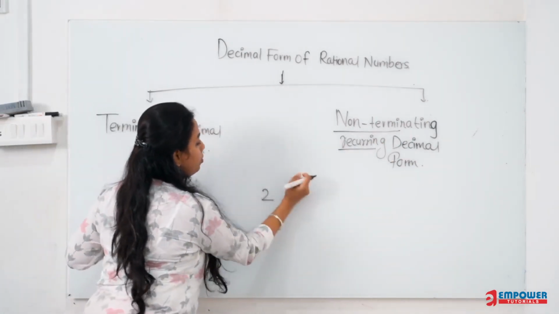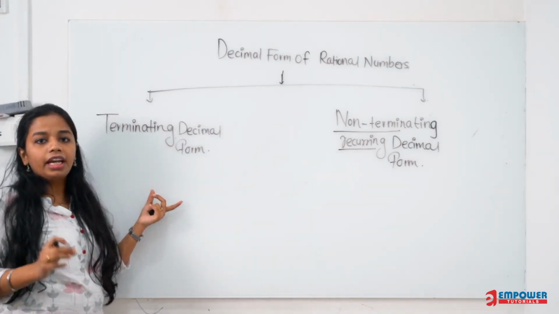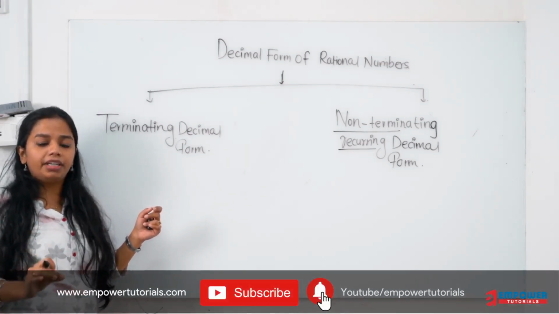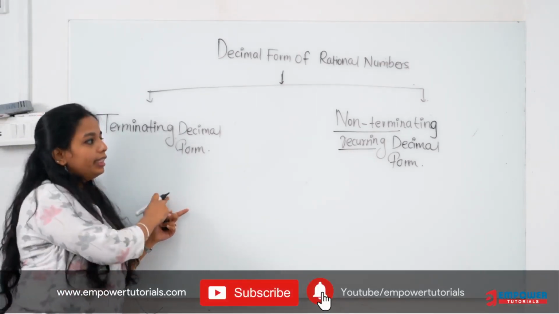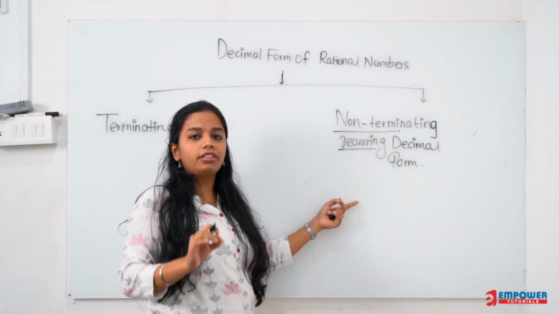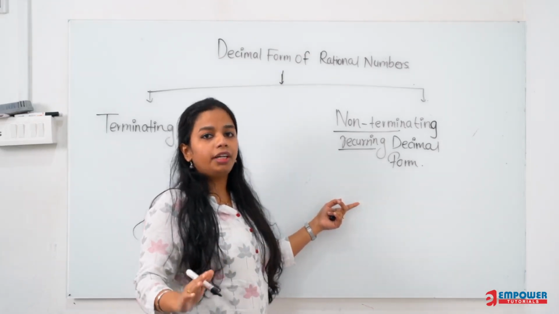Now, as the name suggests, it will be terminating. What do you mean by terminating? It will end at some point. At some point, you will get the remainder as zero in this case. But in the other case, you won't get the remainder as 0 at any point, so this will be the non-terminating form.